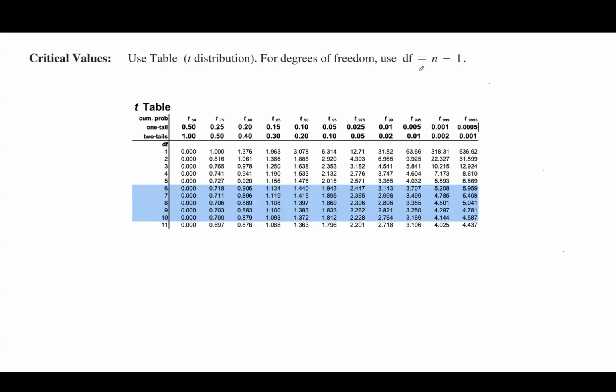In order to find the critical values, we can use the t-distribution table. For the degrees of freedom, we're going to use df equals n minus 1. When we are using Python, we're going to use inverse t to calculate the critical value.